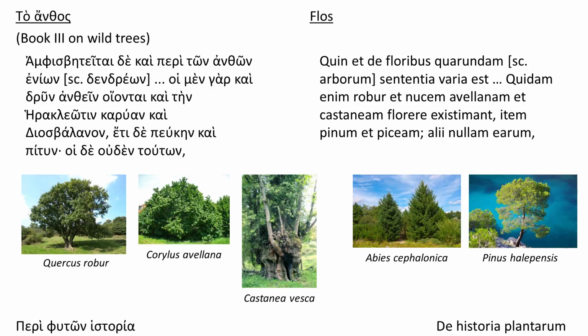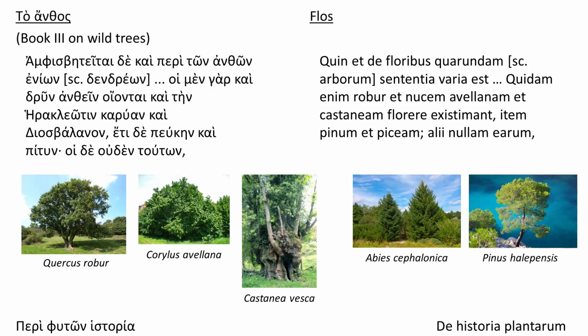We also learn from Theophrastus in his book 3 about trees that grow in the wild that the Greeks were not unanimous in which trees they considered to be flowering. Ampis betetai de kai periton anthon enion, hoimengar kai drun anthein oiontai kai ten herakleotin karuan kai dios balanon eti de pelkin kai pitun.